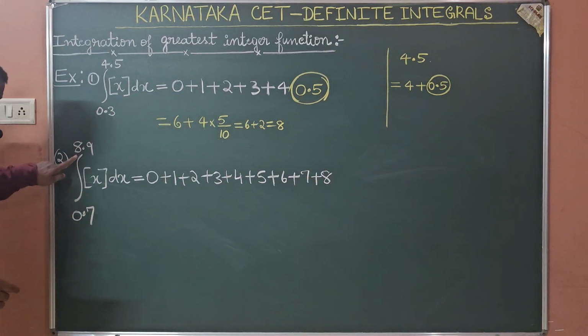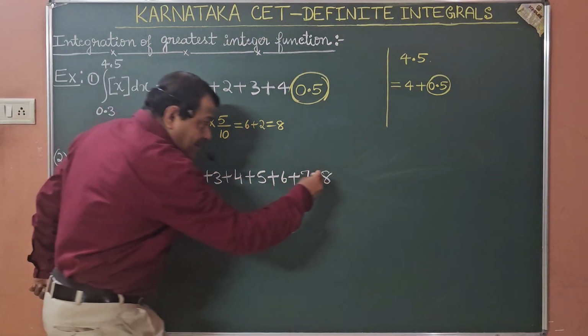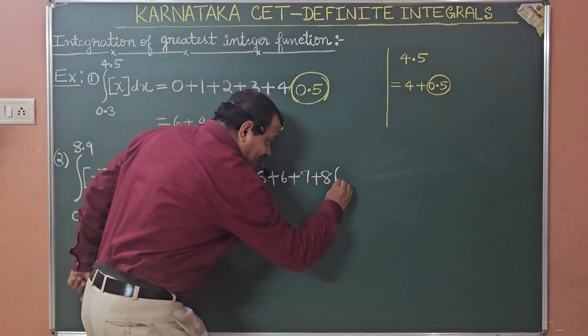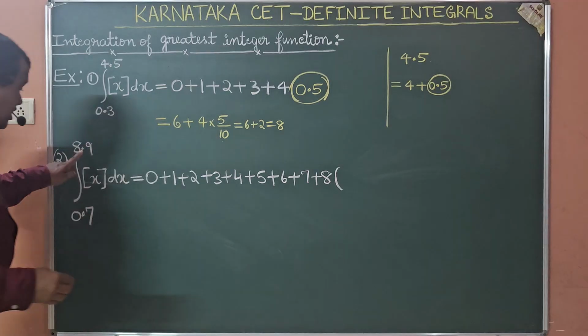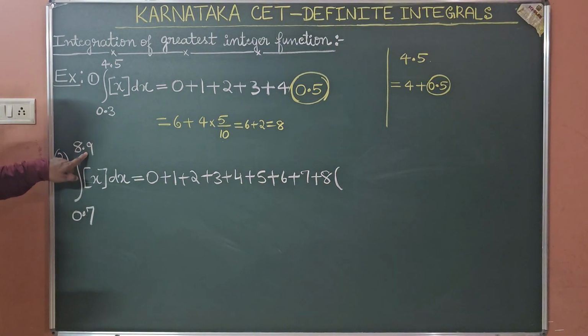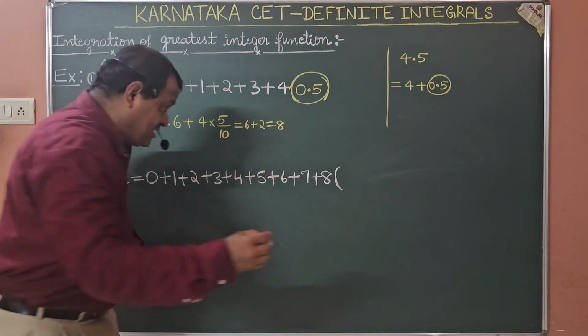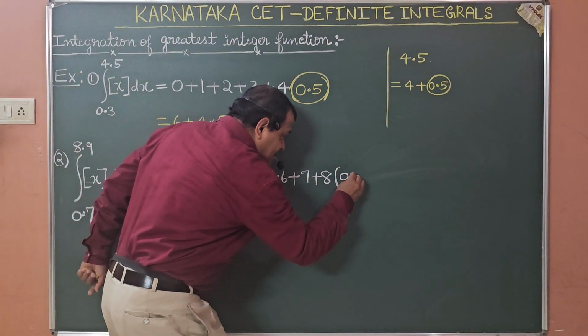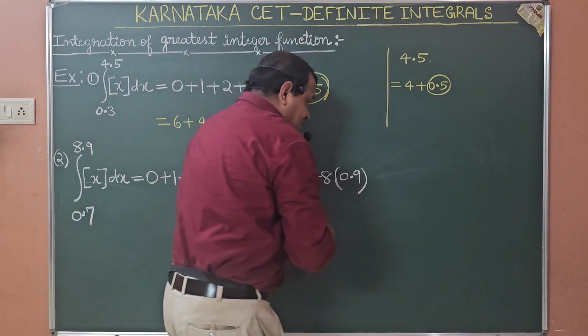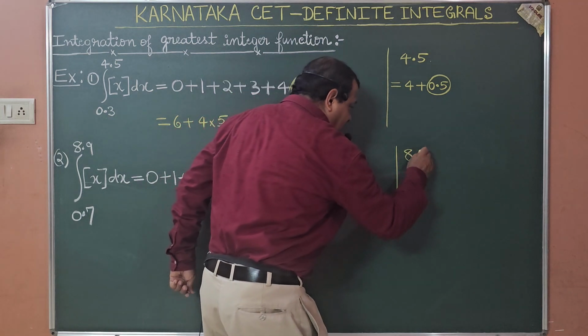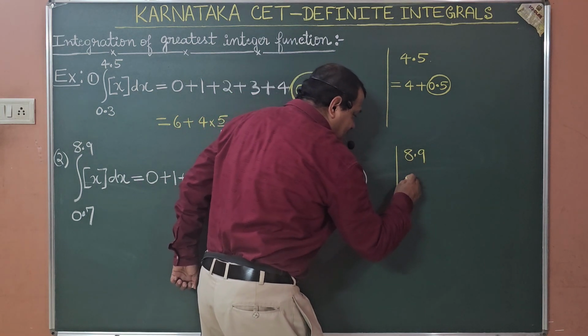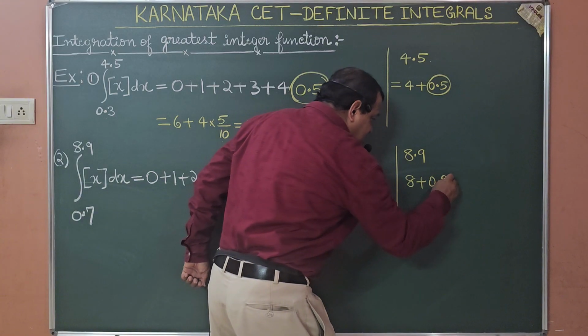8 is the integral part present in 8.9. But the last number 8 you have added, to that number you multiply by the fractional part of 8.9. So the fractional part of 8.9 is 0.9. Let me write here. We have 8.9. This can be split as 8 plus 0.9.